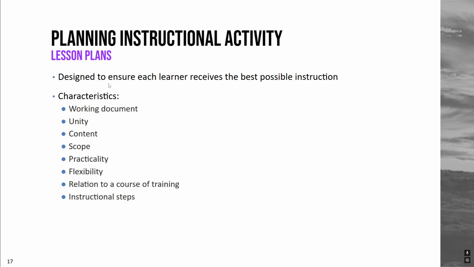All right, so when we plan instructional activity in our lesson plans, we want it to be designed to ensure each learner receives the best possible instruction. So characteristics of a working document: unity, content, scope, practicality, flexibility, relation to a course of training, and instructional steps. So all our lesson plans should have every single one of these.